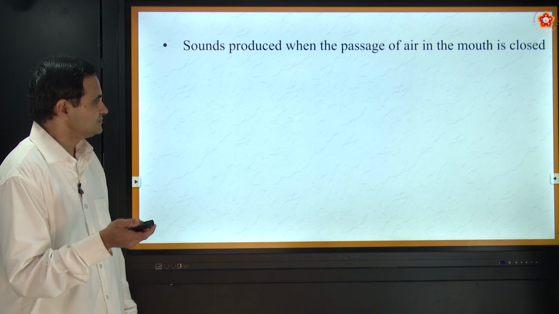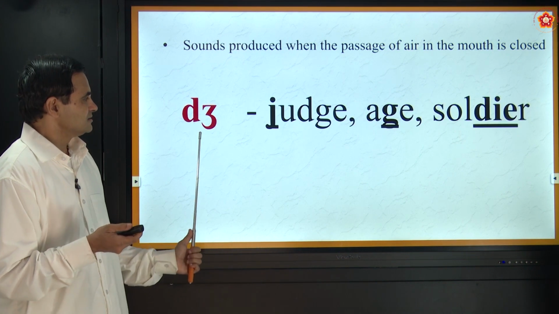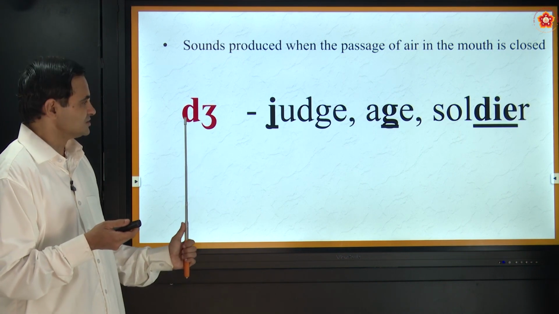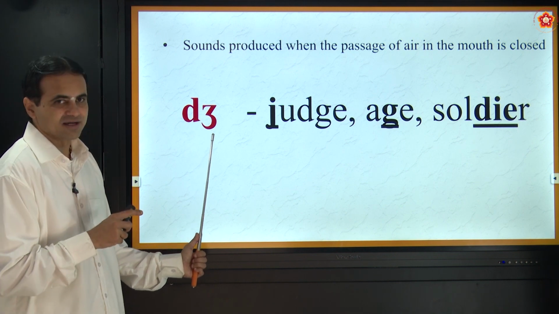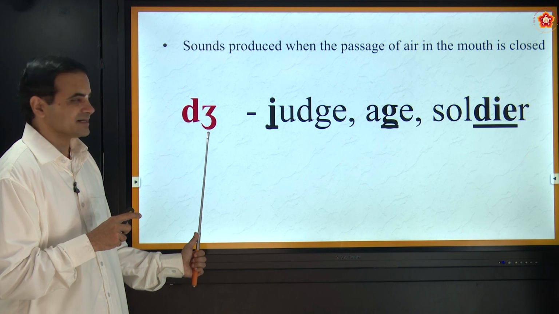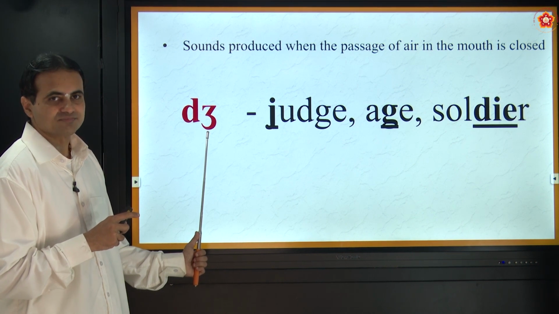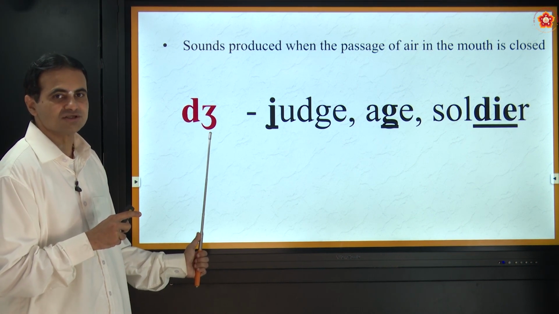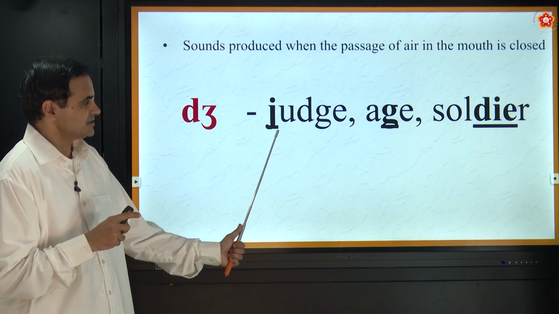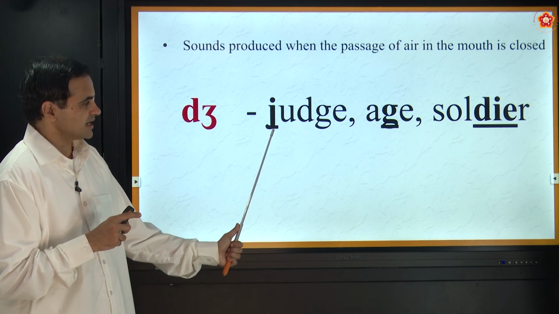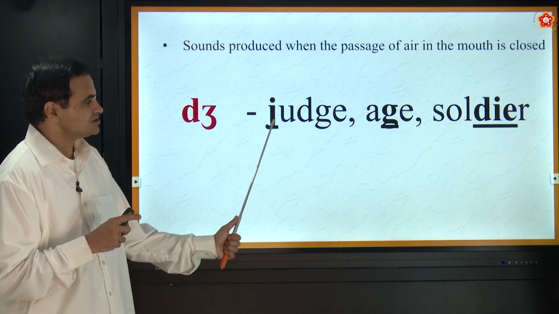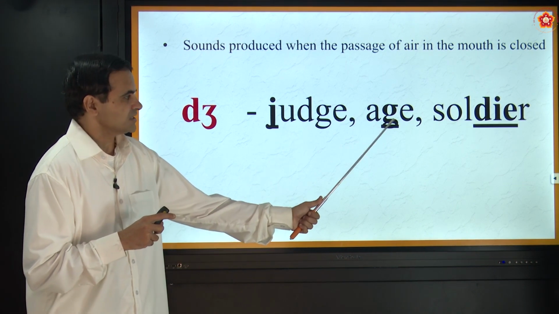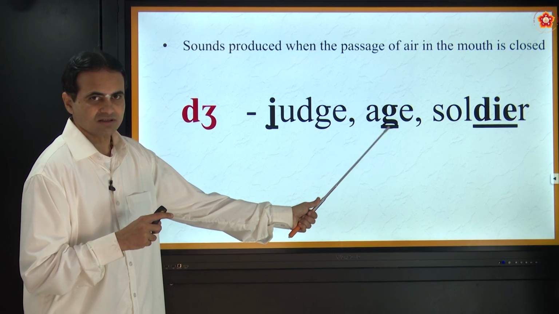Next one, this symbol represents D and this kind of 3 or Z kind of thing. When combined, this represents the sound J. See here, J is underlined, therefore this should be pronounced as judge, age.